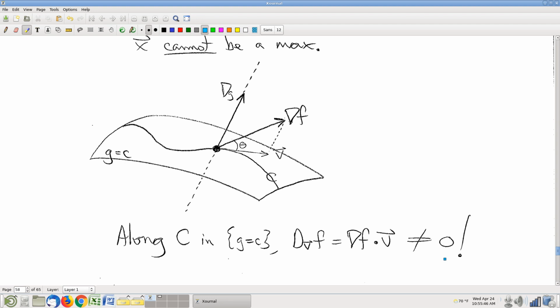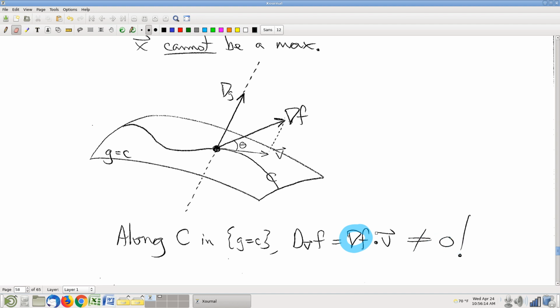Well, one possibility is the function might not be differentiable. If the function's not differentiable, then that formula is not even true, and our whole argument comes crashing down. Here's another possibility. This gradient vector could be 0. If the gradient of f were 0, then this would equal 0, and again, I can't eliminate this point as a possibility. Our argument comes crashing down.